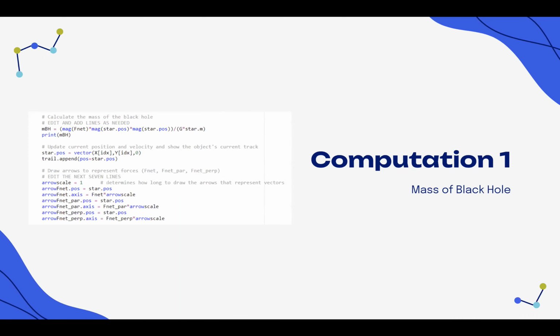So I used all of that information to find the mass of the black hole when calculating F net perpendicular. It's important to note that F net is equal to the sum of the components. So F net perpendicular is equal to the net force minus parallel.